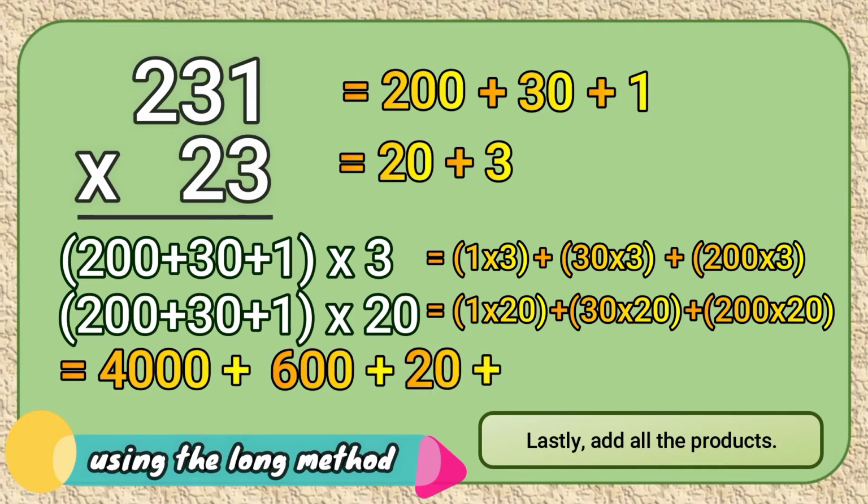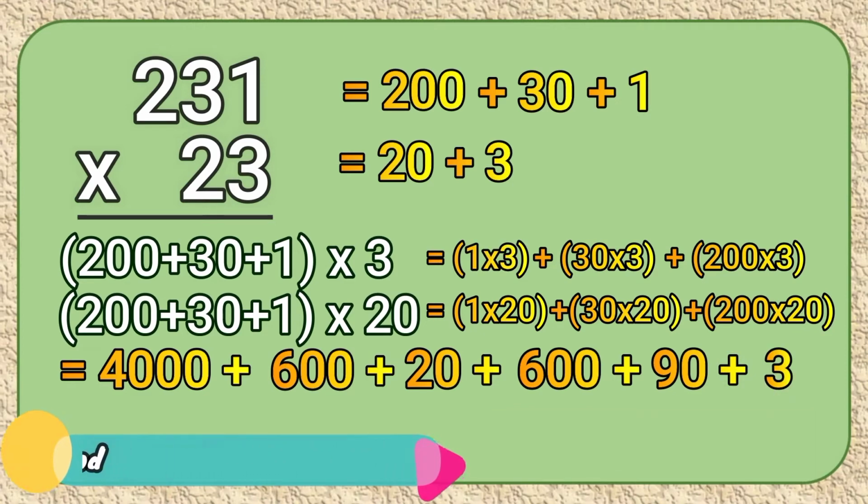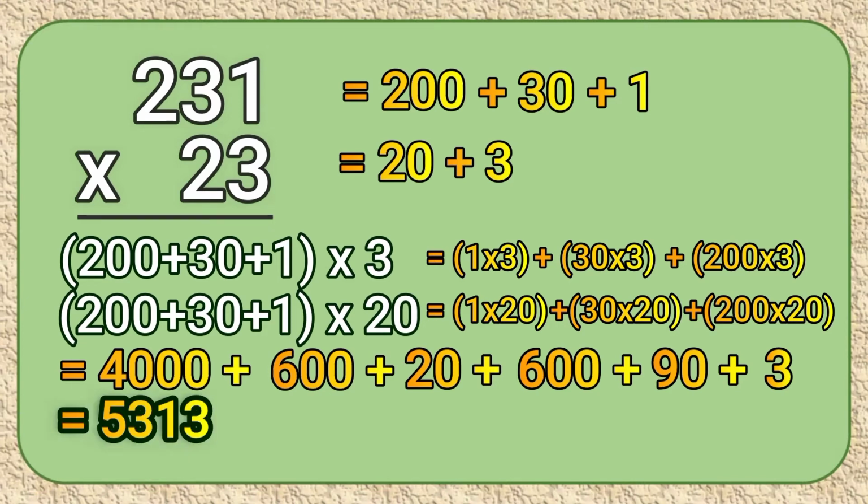Then plus 200 times 3, that is 600, plus 30 times 3, that is 90, plus 1 times 3, that is 3. So, the final product is 5,313.